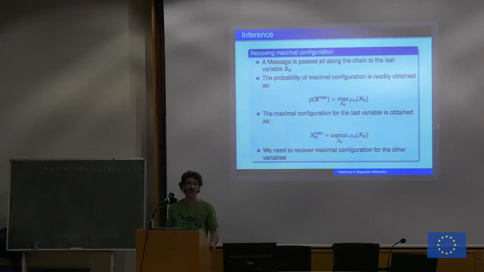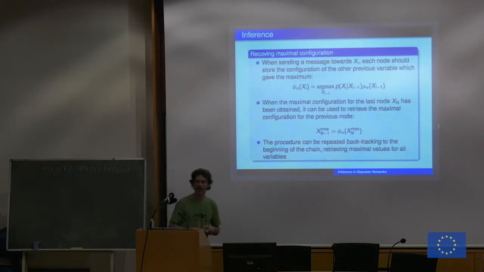Because maybe at some point something is very promising, then there is a step in which it has a very, very low probability. So some other less promising configurations raise their probability of being the best one. So in order to recover the maximal configuration, you have to keep track of another type of information, which is what were the configurations maximizing the message that you sent.